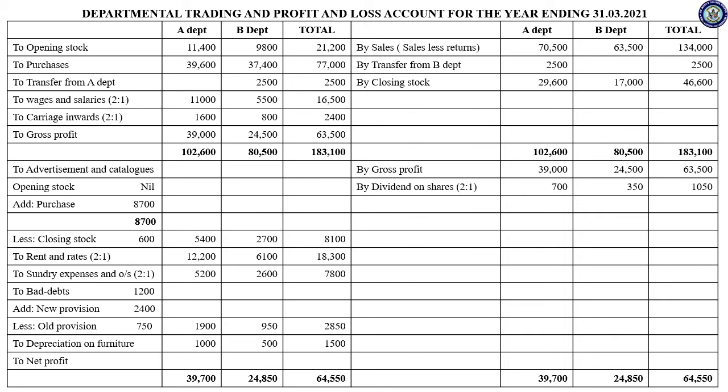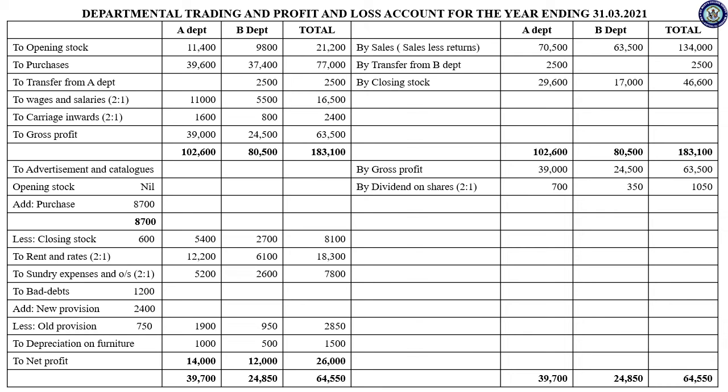So the total is 39,700, 24,850, 64,550. So the difference is 14,000, 12,000, 26,000. So 26,000 is the total net profit.